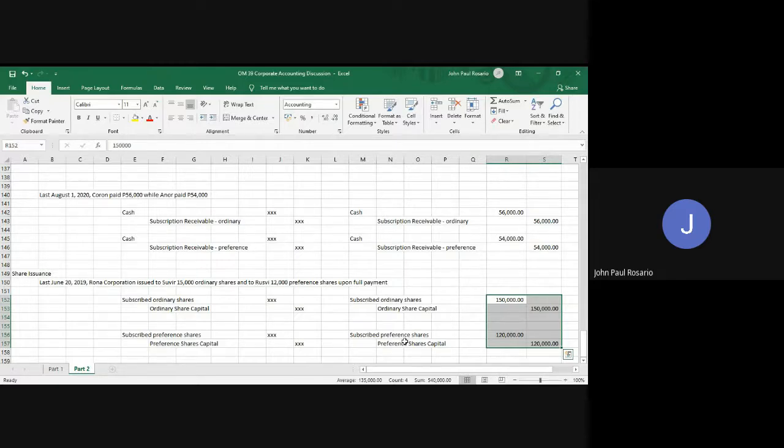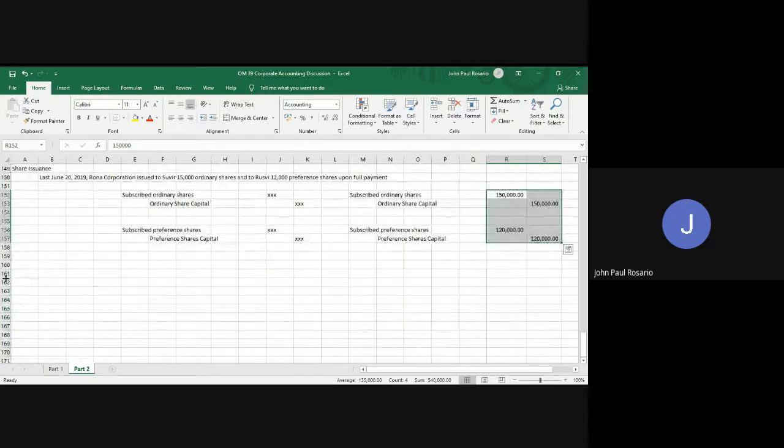Okay, let's go now to the accounting for treasury shares. Treasury shares.